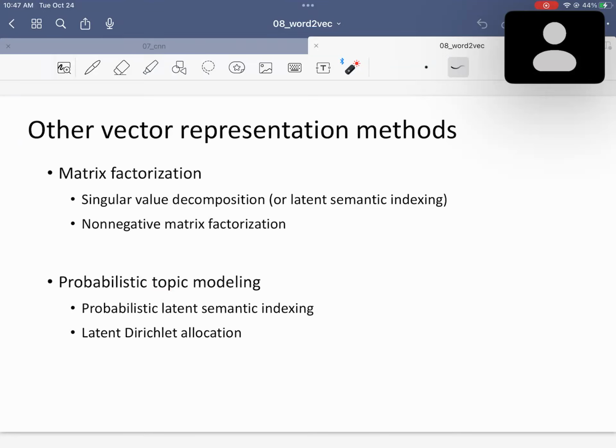If you remember VAE, variational autoencoder, we talked about topic modeling as an application of variational inference. We talked about how we collect news from various websites, but we don't know the underlying topic, whether it's sports or celebrity or science or politics. So we can use variational inference for it. That's where probabilistic topic modeling comes in.